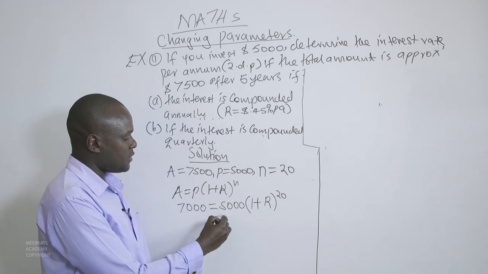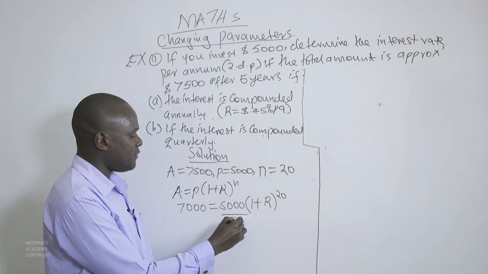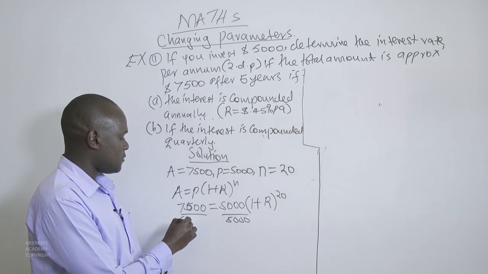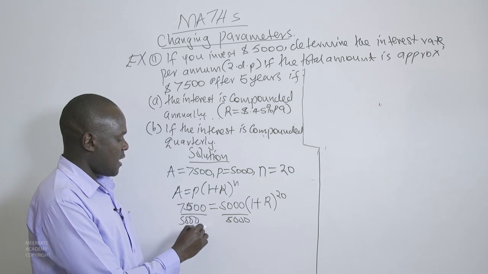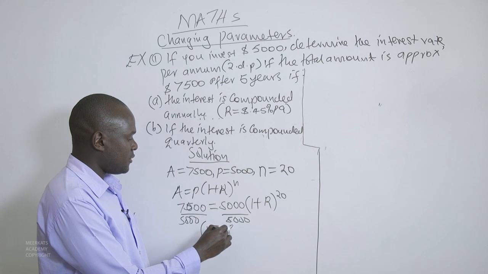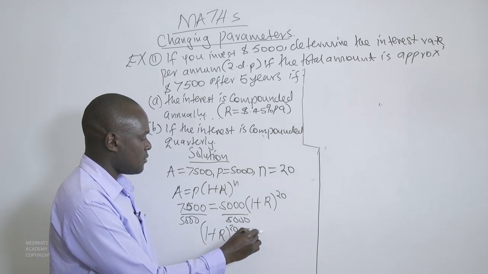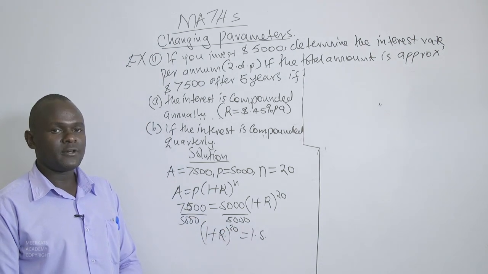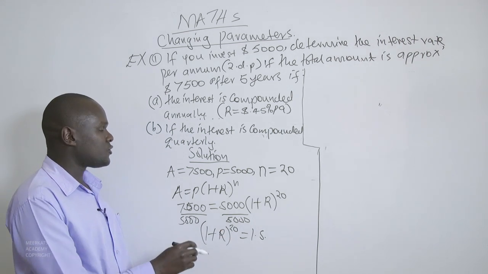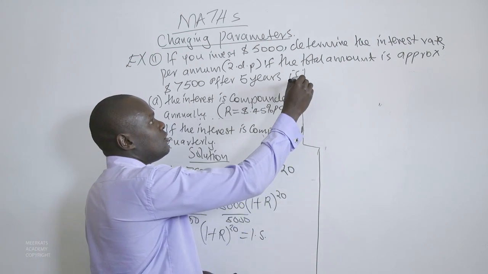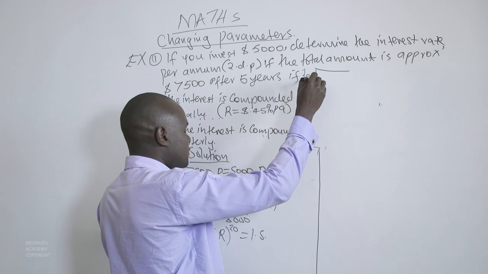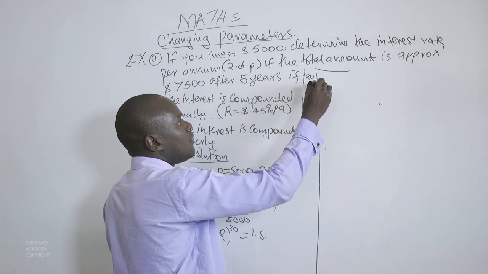Just like in the first part, we divide through by $5,000 so that our 1 plus r raised to power 20 will be equal to 1.5. And for us to remove this power here, we introduce the 20th root on both sides.